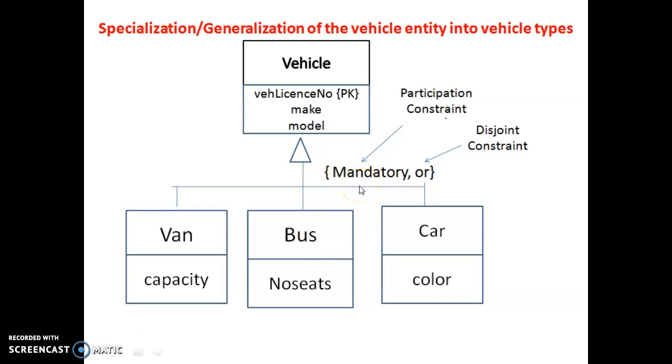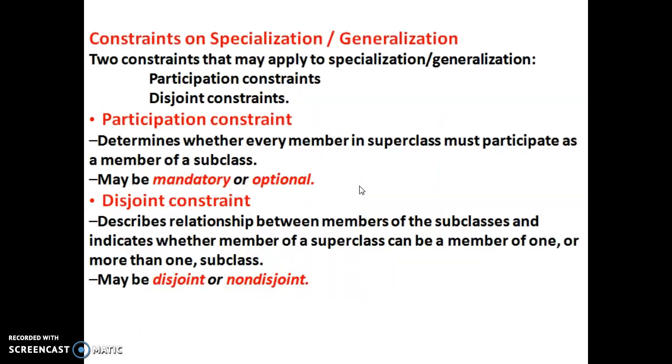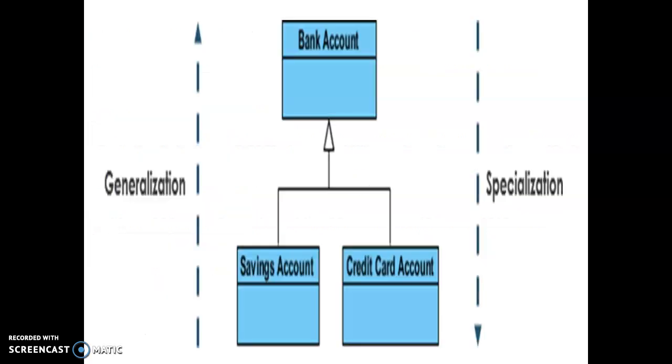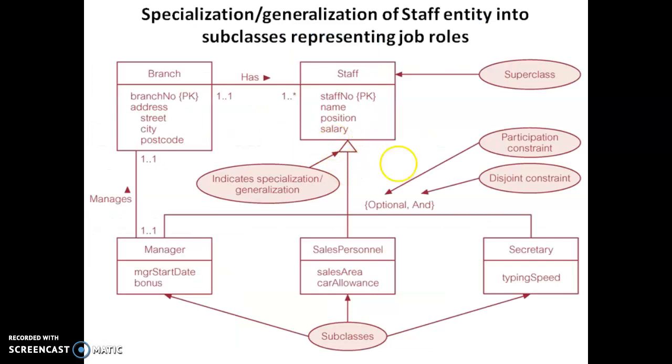To represent optional participation, "optional" is the term placed in curly brackets below the triangle that points towards the superclass. A superclass-subclass relationship with optional participation specifies that a member of a superclass, that is an entity occurrence of a superclass, need not belong to any of its subclasses.